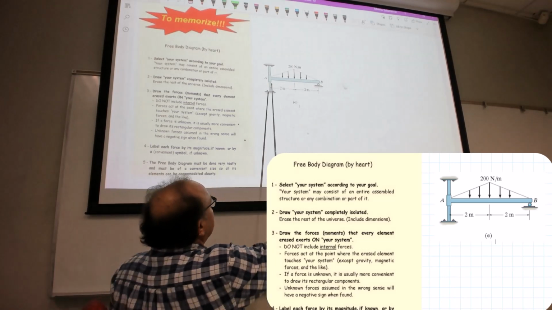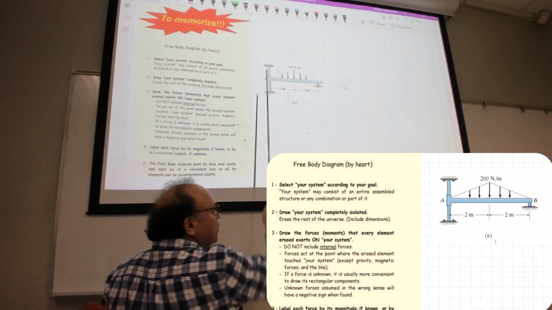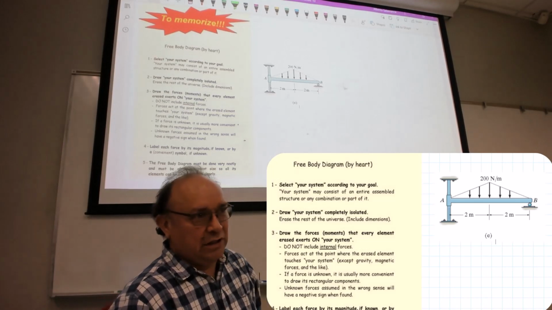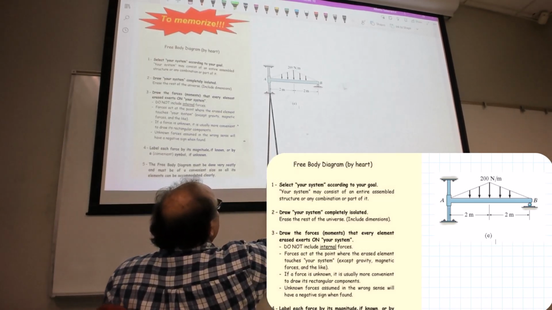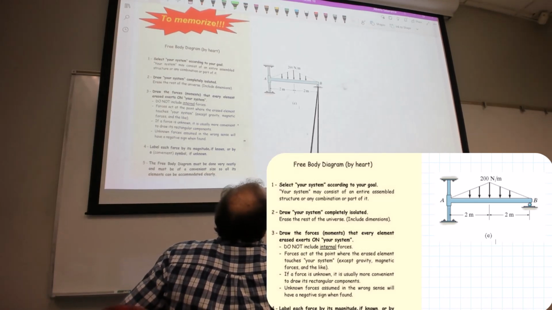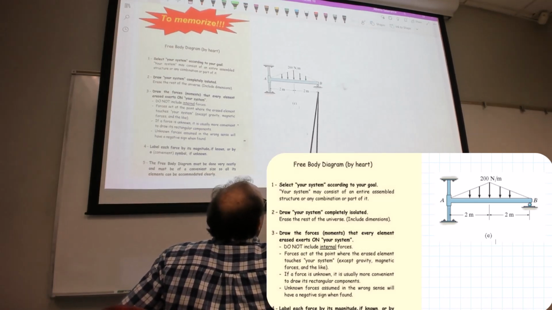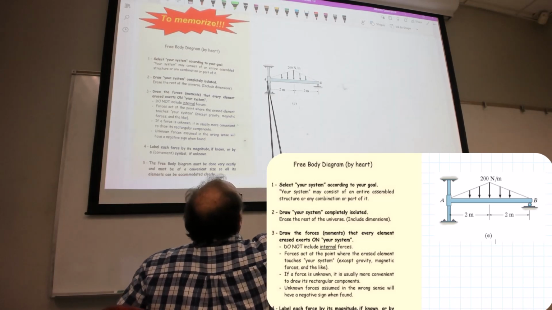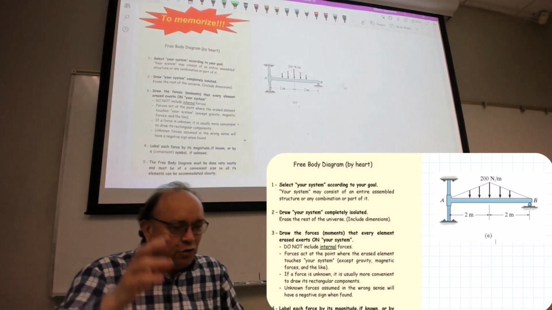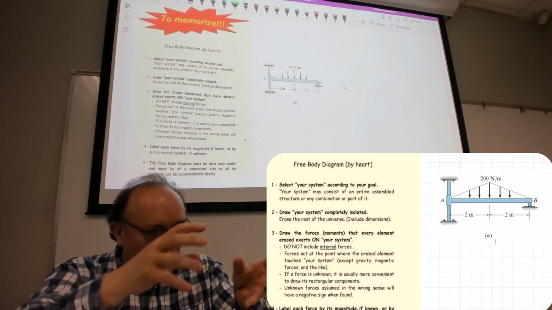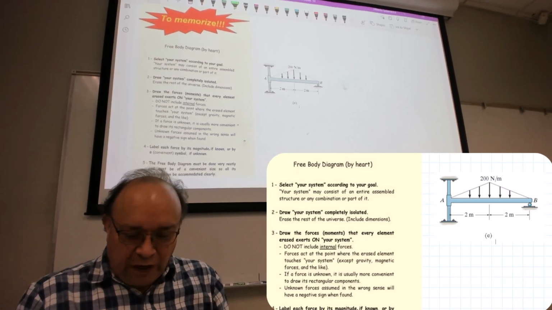For those forces to show up, you need to remove whatever is applying those forces. So you're going to remove this bar, and you're going to remove this support. So you're going to see a force here, and some forces here. So you have to choose your diagram in order to show the forces that you need to find.